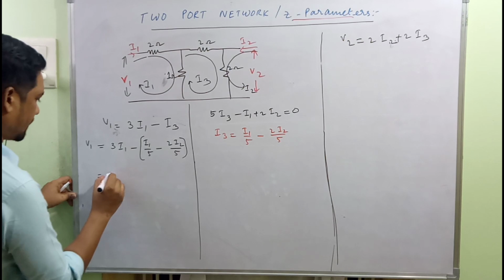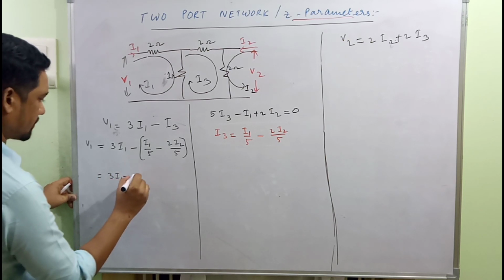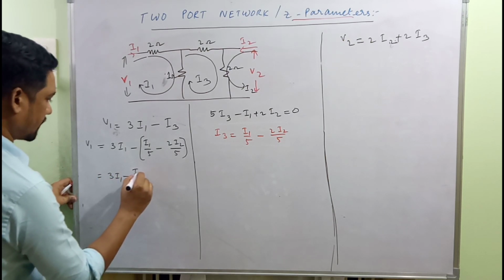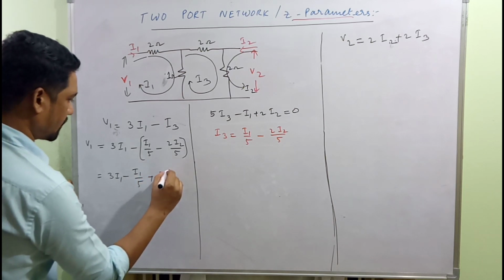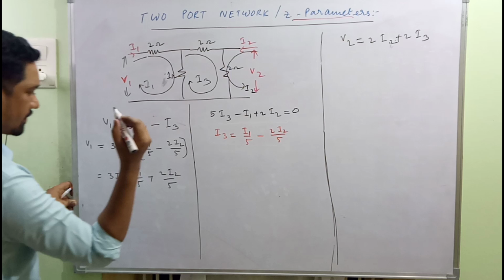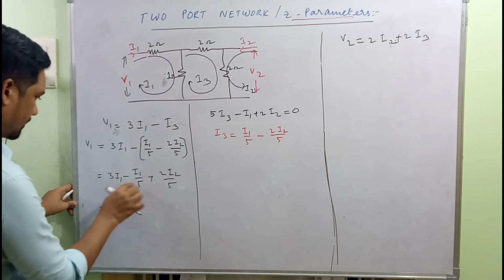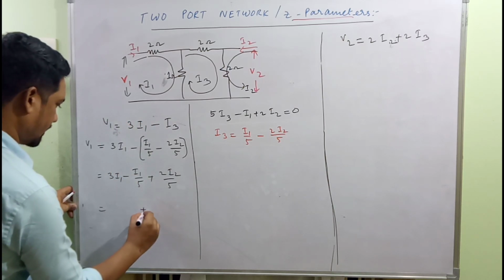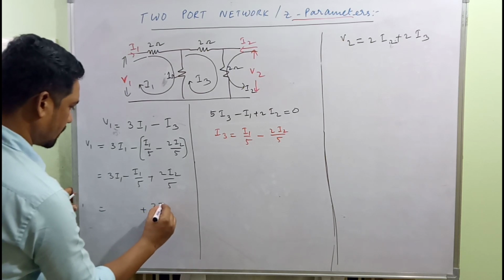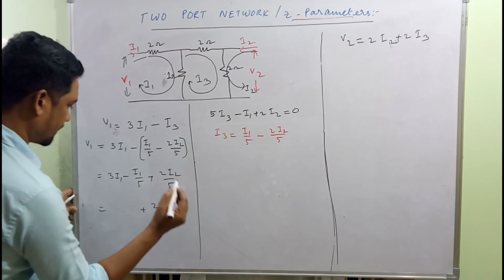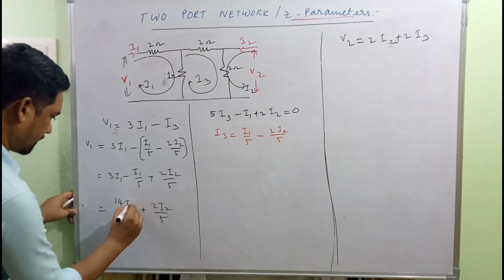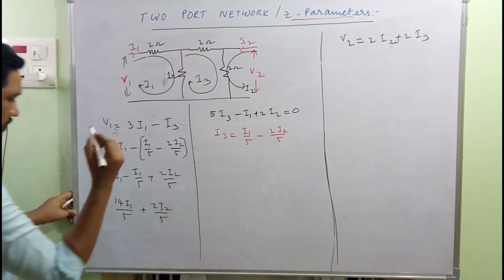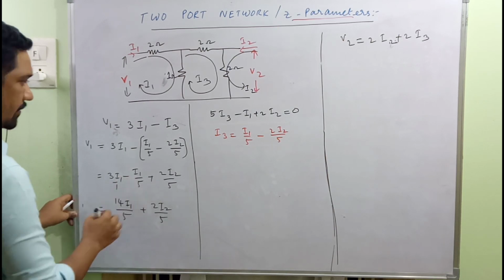So this will give us 3 times I1 minus 1/5 of I1 plus 2 times I2 by 5, isn't it? Simplifying this, guys, for I1 we have 14 I1 upon 5, plus 2 times I2 by 5 as it is. Check this one.